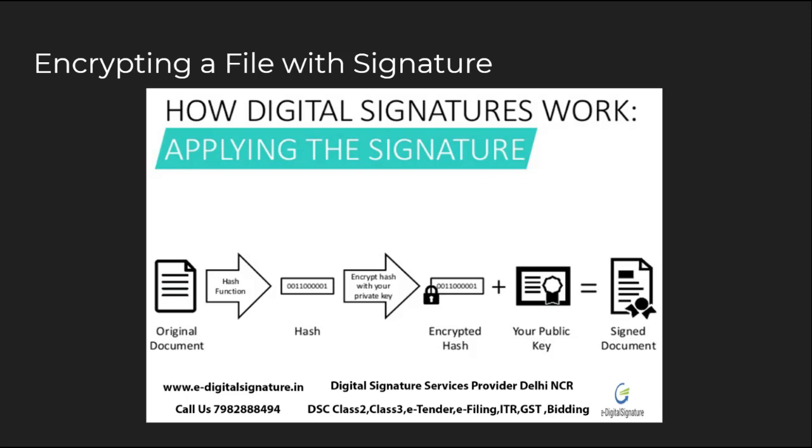Now, person A gets ready to send the message. So person A hashes the message block by block with the cryptographic hash function. And then person A signs the hashed blocked message with person A's private key.